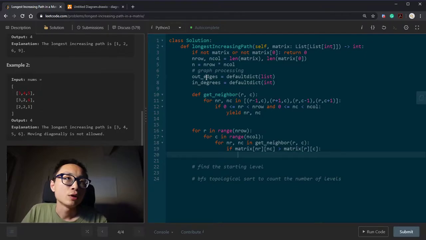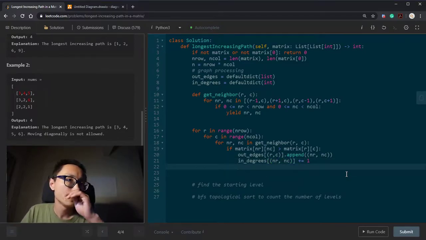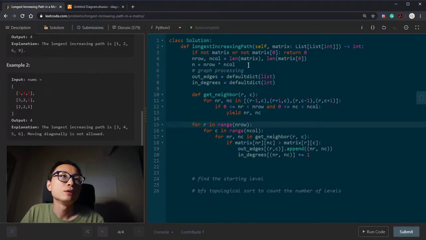We would just record this out edge from the current location to there. So that's that. And also increment the in degree for the neighbor. So this is the graph processing part.